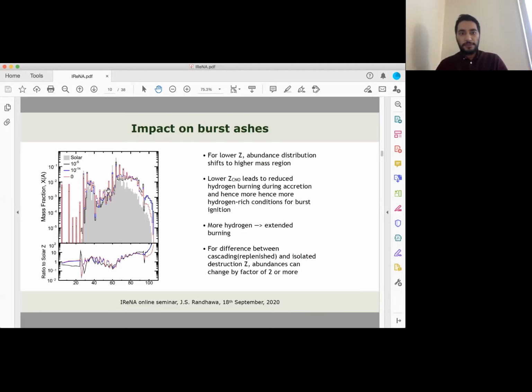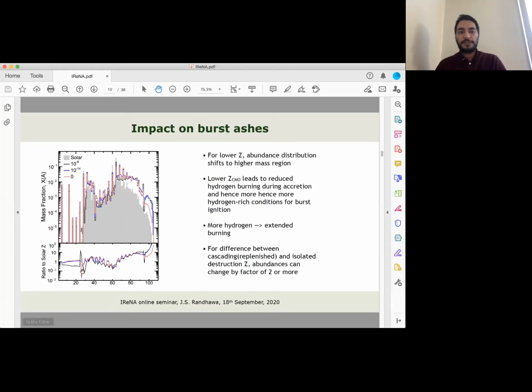This is again linked to what we saw previously: as we lower the CNO, that leads to reduced hydrogen burning during the accretion or accumulation time. Hence, more hydrogen survives and there are hydrogen-rich conditions during the burst ignition. This leads to extended hydrogen burning. This has been observed and understood before.